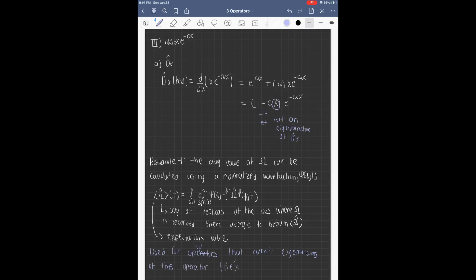You guys are going to learn this in the future, taking the average expectation value, and it's pretty simple. Just plug in x as an example and integrate over all space, and then you'll get your expectation value. You guys are also going to learn about the Heisenberg uncertainty principle, which tells you the uncertainty of that measurement.